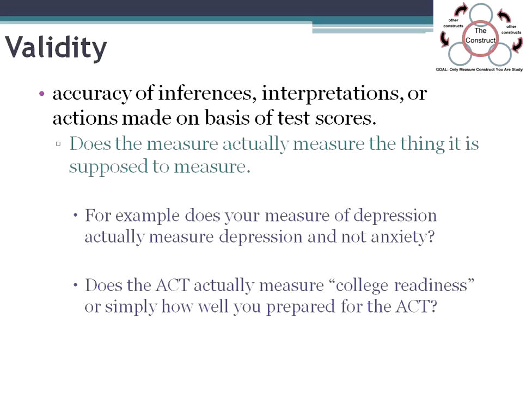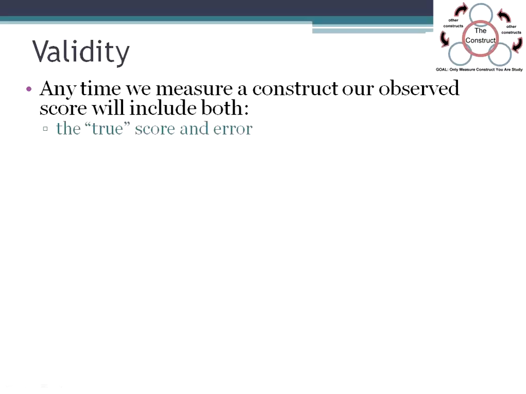Or the ACT purportedly measures college readiness. So how well does the ACT tap into this construct of college readiness compared to other similar constructs like your level of studying or your education that you receive? Now, anytime we measure a construct, anytime we're setting out to measure anything, we will capture data that will involve both the true score and the error.